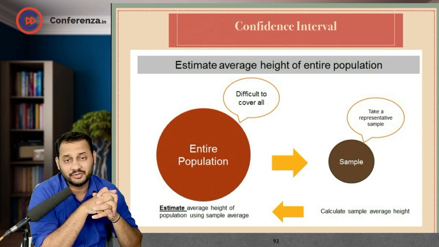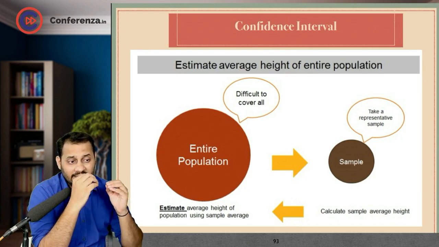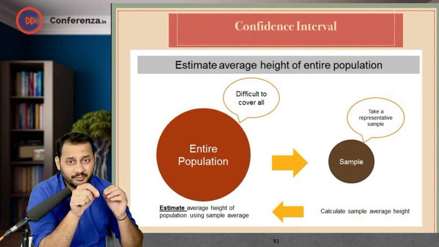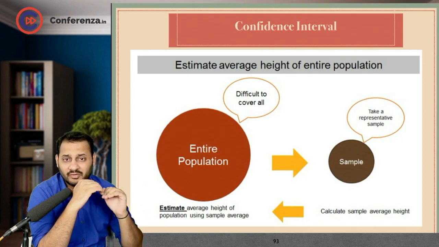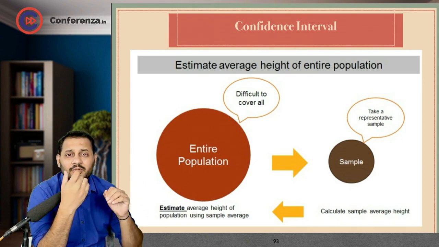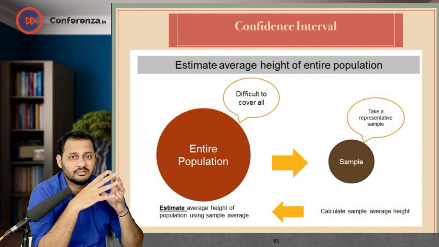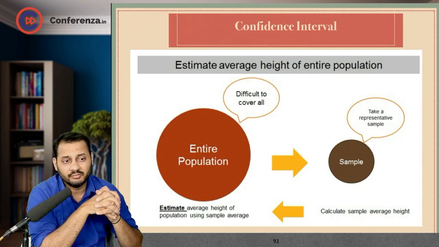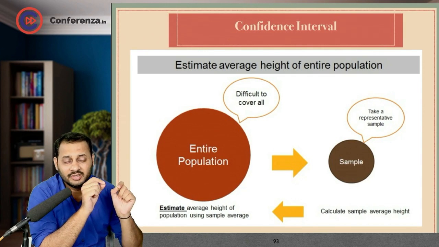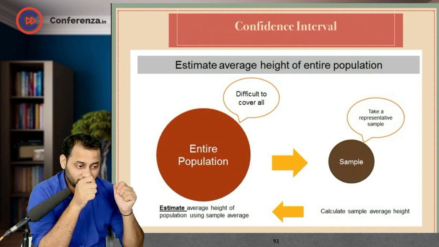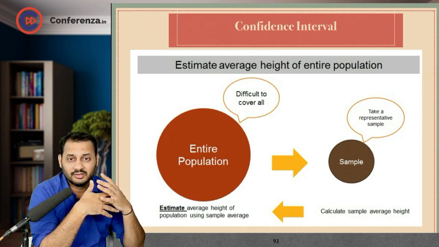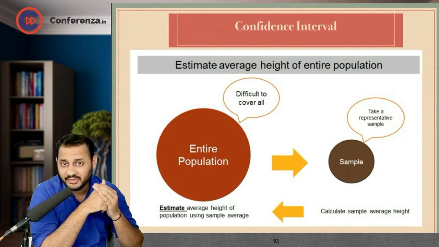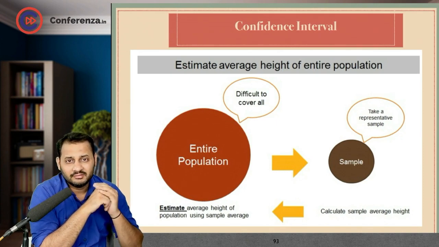Exactly, sir, it is going to be difficult, because calculating the height of every person, then totaling those heights, dividing it by 140 crore, and then coming to the average height seems a little difficult, because finding everyone in every corner of the country, then requesting them to come for the height measurement camp is very difficult.